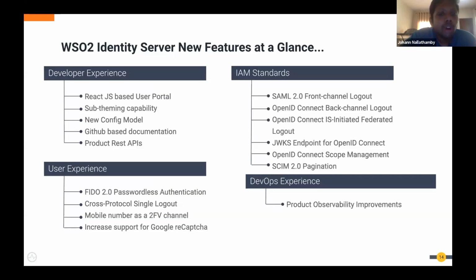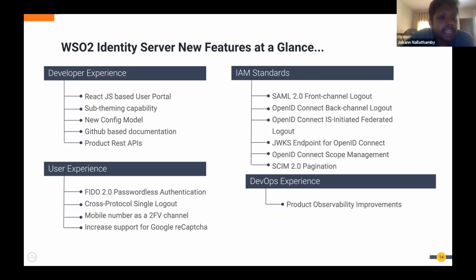So now let me talk about some of the latest developments that we've done in our last 2 releases. We've made improvements in 4 areas. Under developer experience, we've introduced a React.js based user portal, which we also call the self-care portal, which succeeds the older Jaggery based user portal.